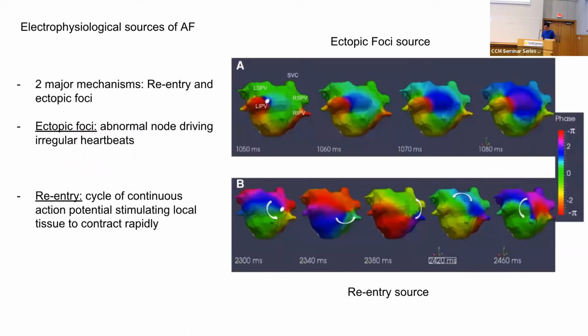So here's an example of the two major causes for atrial fibrillation in the heart. You can see there's ectopic foci, which are abnormal nodes driving the irregular heartbeats.